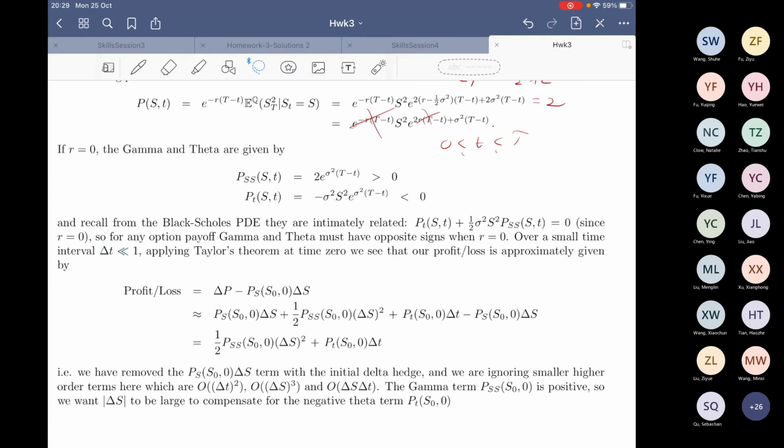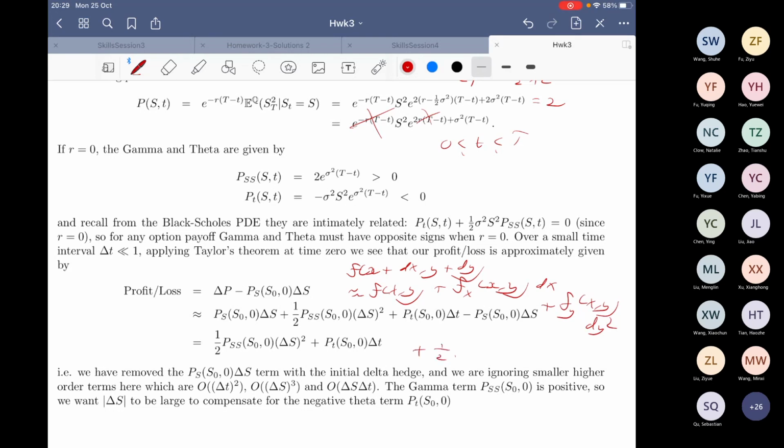What I'm using here is the 2D version of Taylor's theorem, which says that f of x plus dx and y plus dy, if the function f is sufficiently differentiable, is approximately given by f of x, y plus f_x dx plus f_y dy plus also some second order terms as well.